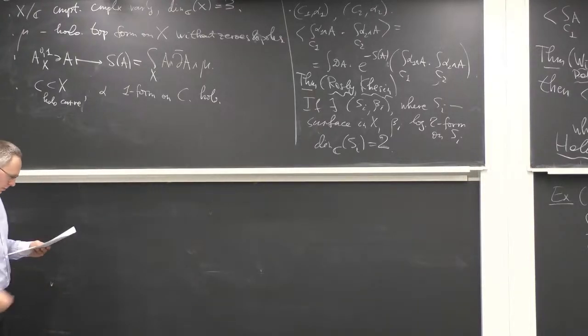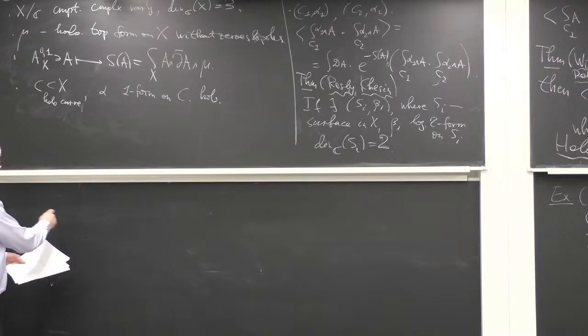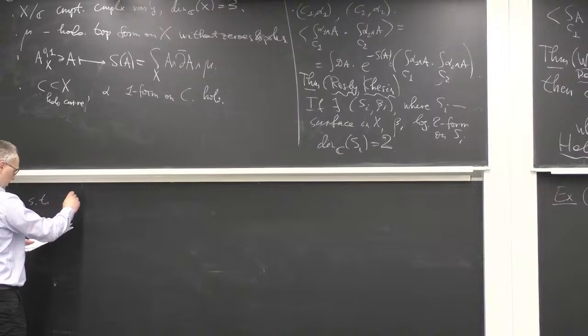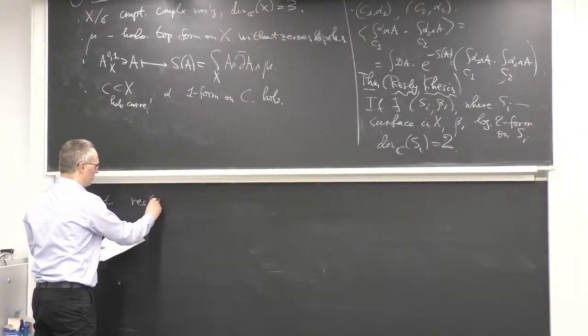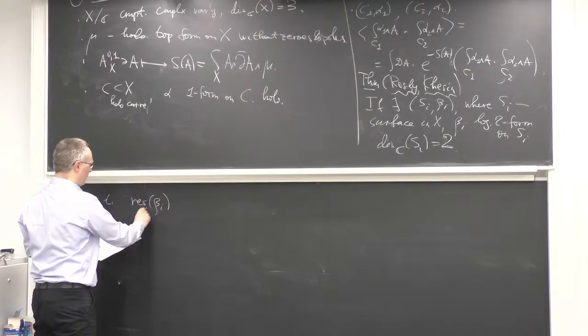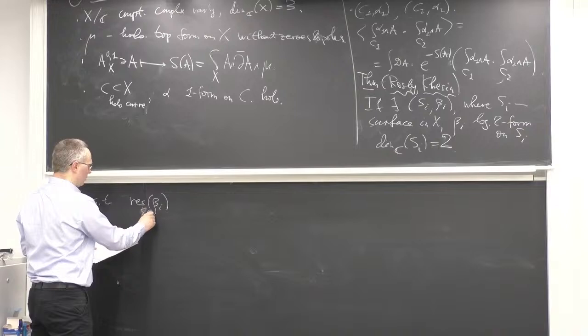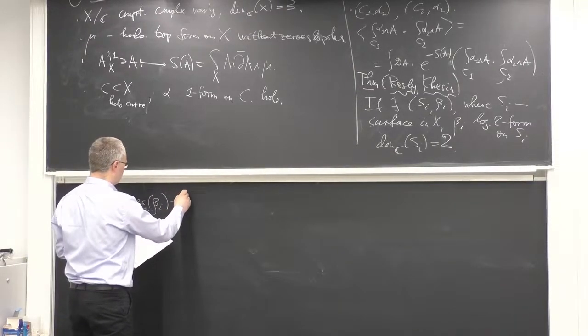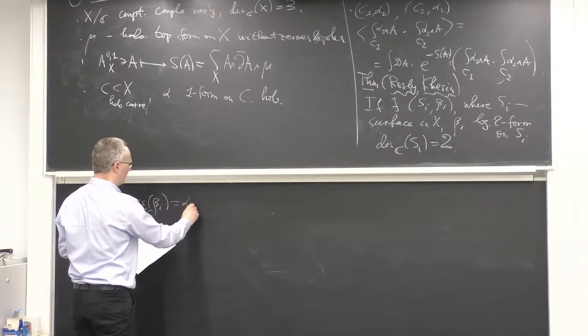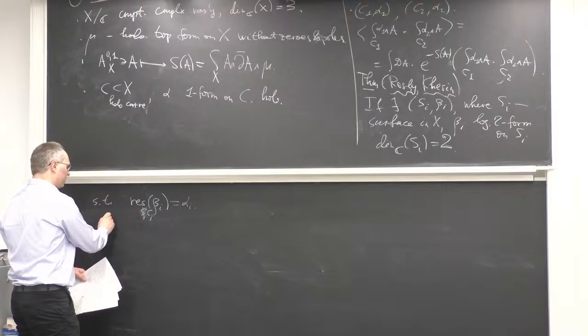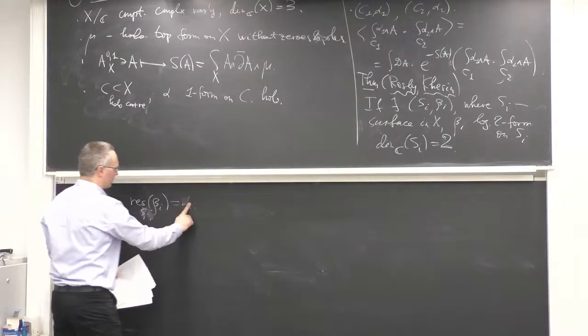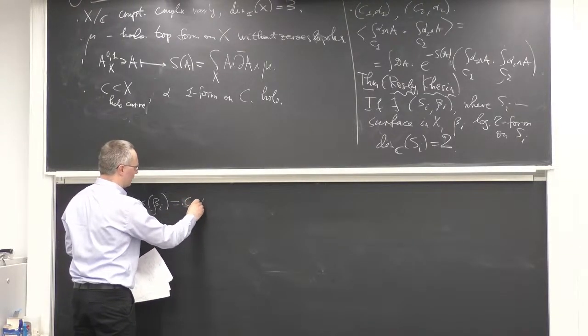And then assume such that the residue of beta i from Si to Ci is precisely alpha i. So I mean that, better to say it like that, the top residue is Ci alpha i.